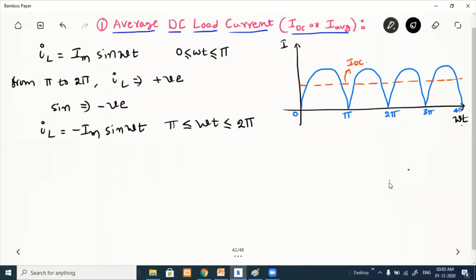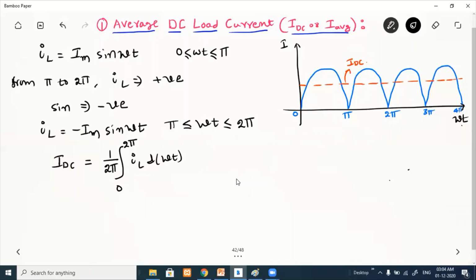Then IDC can be calculated by using integration over one complete cycle. So IDC equal to integral 0 to 2 pi IL d omega t, and total it is divided with the base, that is 1 by 2 pi.